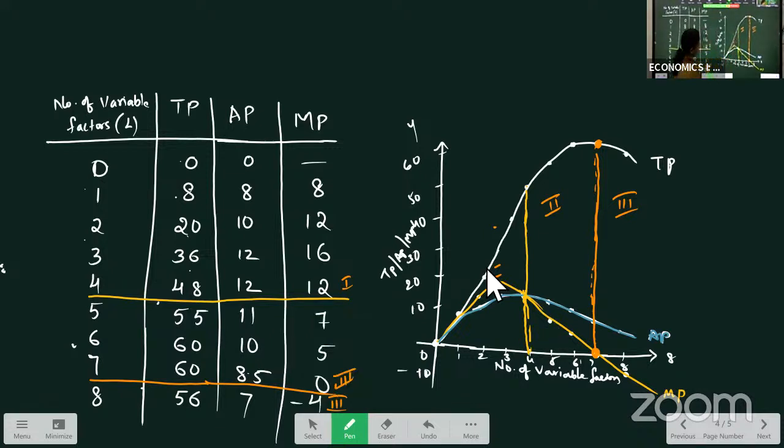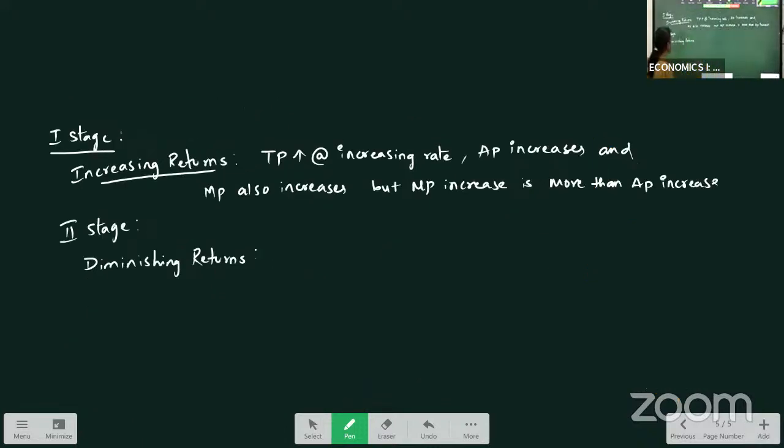So this way you have the second stage. In the second stage, TP is increasing, but at a diminishing rate, AP is decreasing, MP is also decreasing and becoming 0. So that's why it is called diminishing returns.